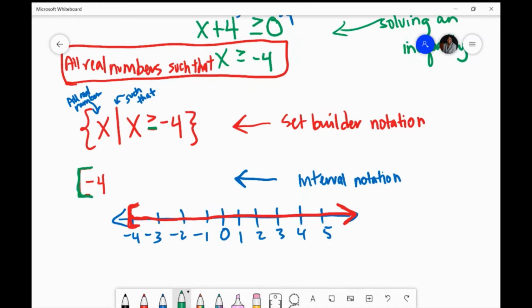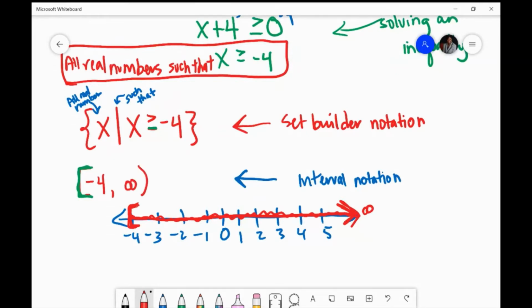If we plug negative 4 in, we get 0 under the radical. A 0 under the radical is perfectly fine because the square root of 0 equals 0. All right, and then we're going all the way to where? To the right. Where is it going all the way to the right? Infinity. Positive infinity. Very nice. So negative 4 comma infinity.